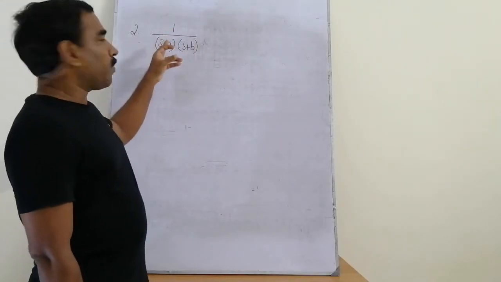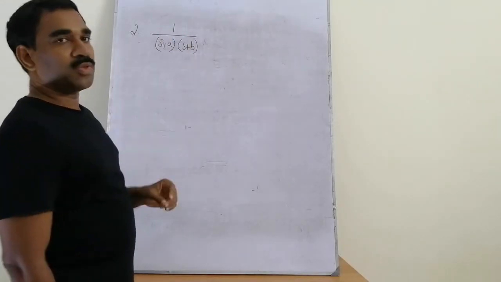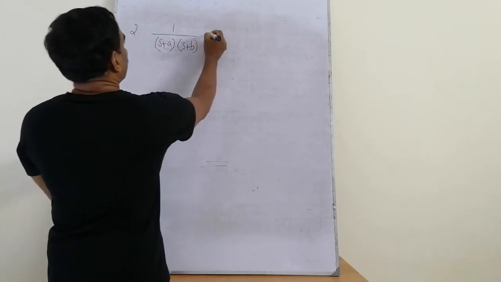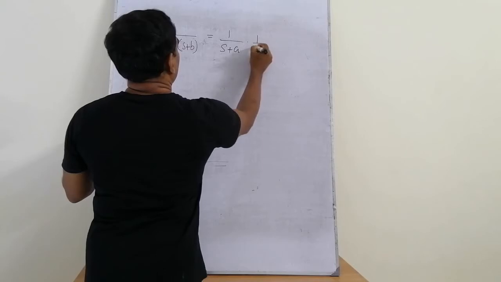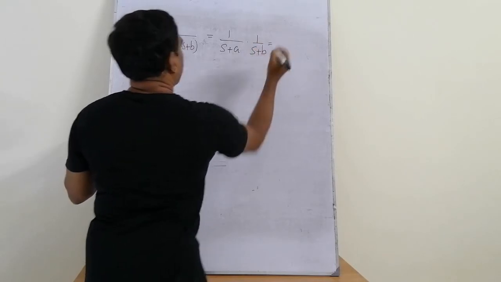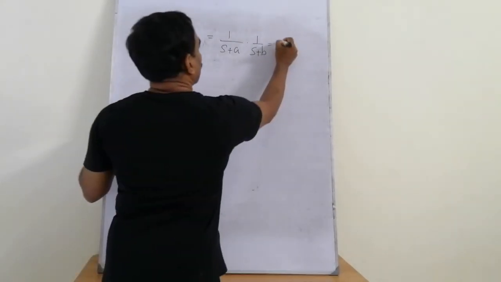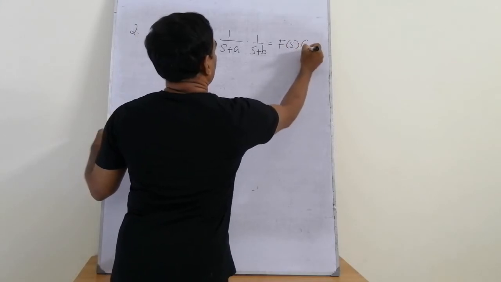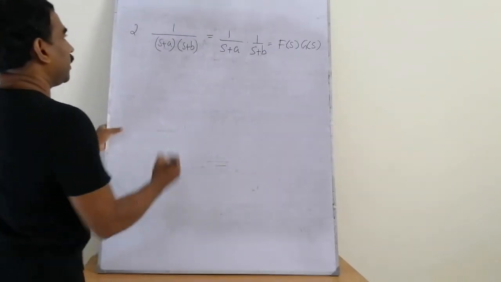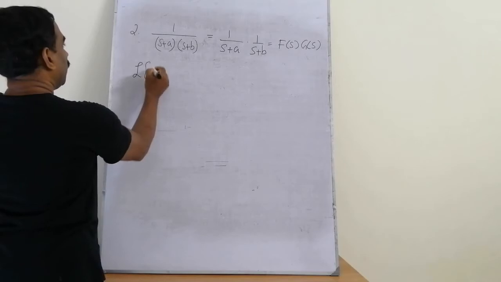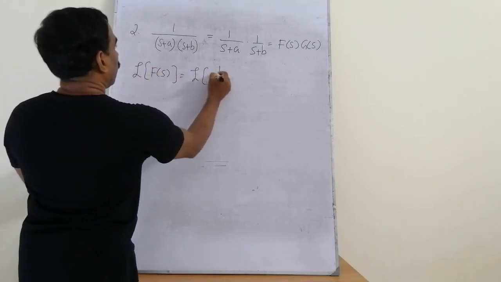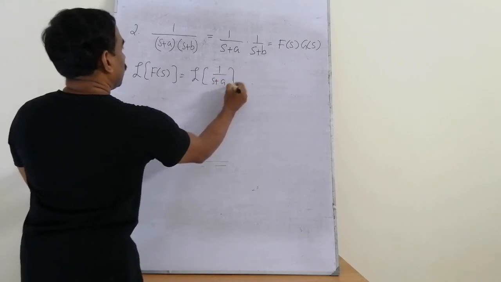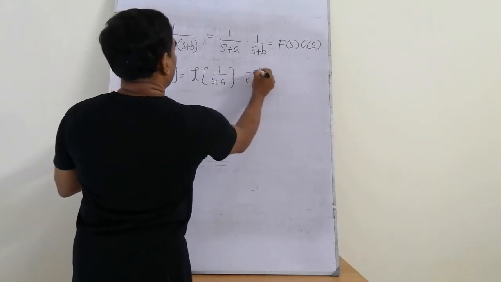Find the inverse Laplace transform of 1 by (s plus a) into (s plus b). We can split this as 1 by (s plus a) into 1 by (s plus b), and let the first function be F(s) and the second be G(s), so that the Laplace transform of F(s), that is L of 1 by (s plus a), is equal to e raised to minus at.